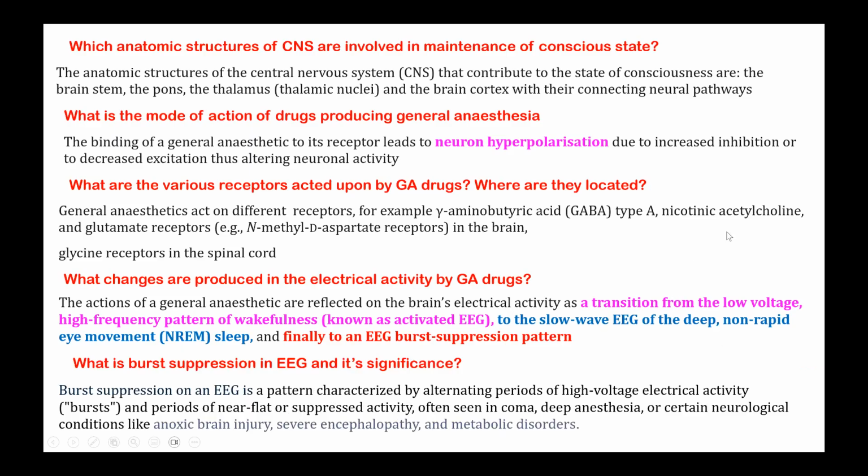Again it starts with a high burst of activity with a high voltage. And this alternating pattern can happen in pathological conditions like coma or in deep anesthesia, and in some neurological conditions like anoxic brain injury or encephalopathy and metabolic disorders.